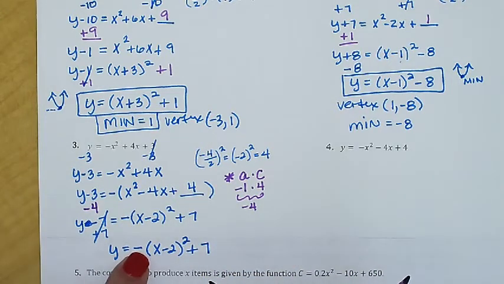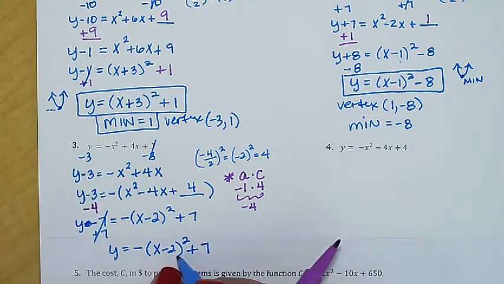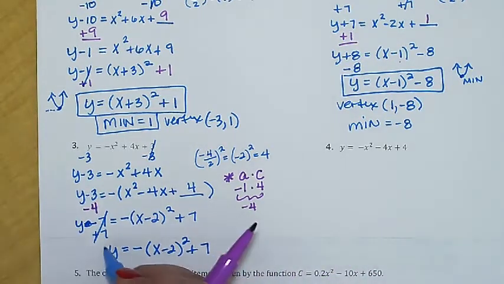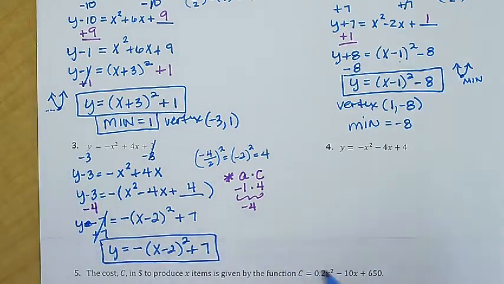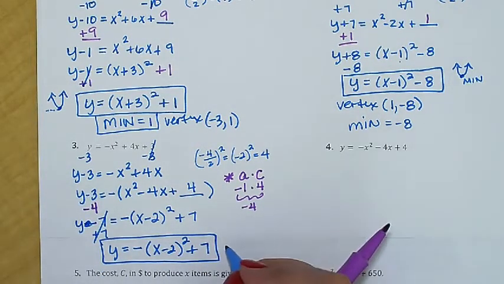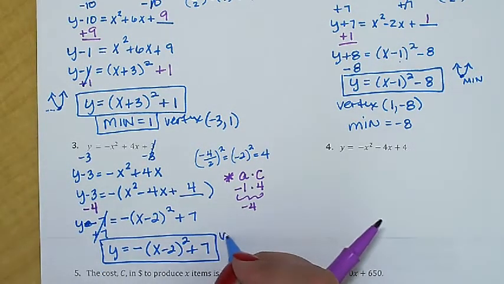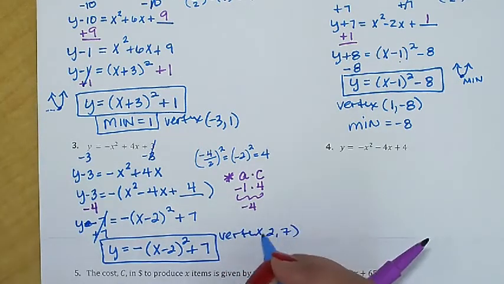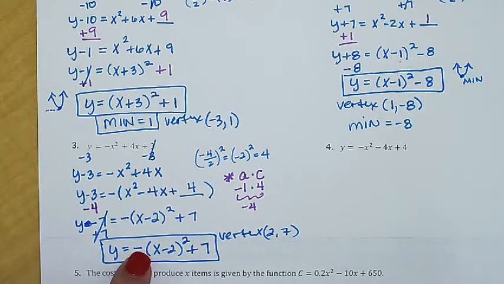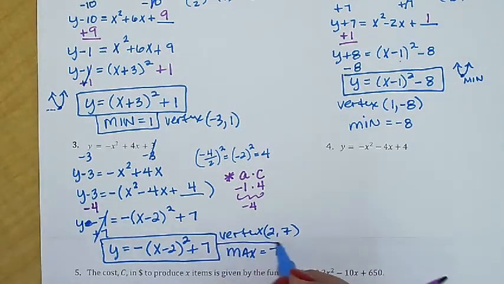There's our a equals -1, just like before, and there's our vertex right in here. This is the vertex form of that particular parabola. And that also would mean, guys, that the vertex would be (2, 7). And since this is a downward opening, it has a max at 7, which is the other main topic.